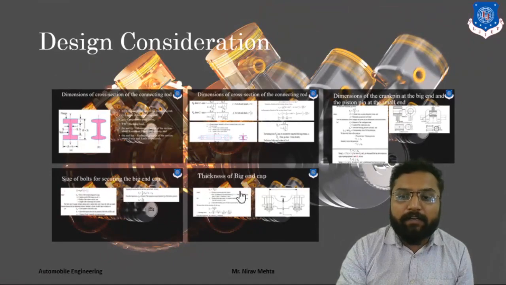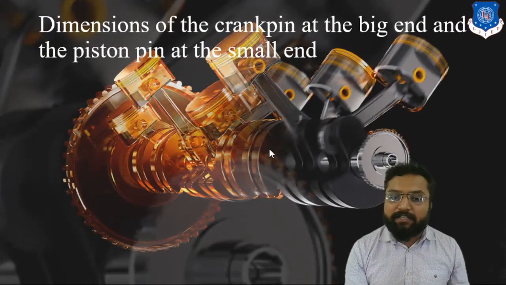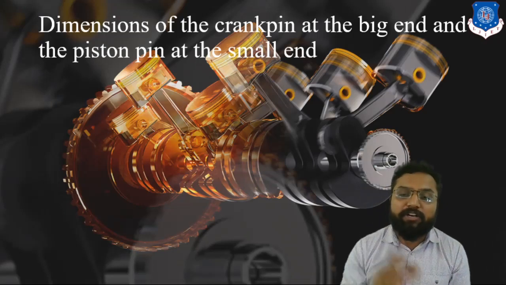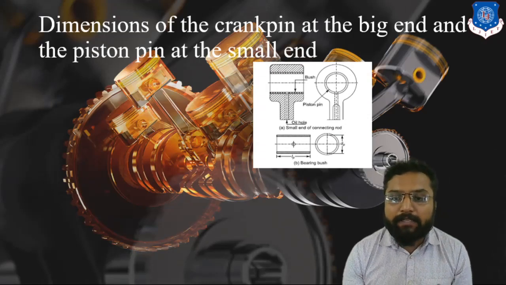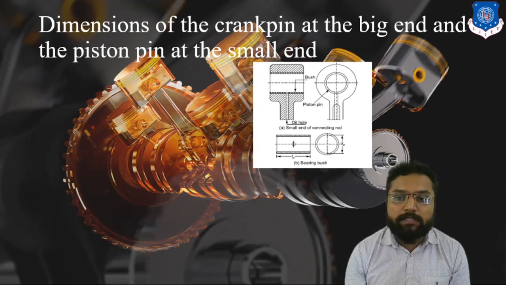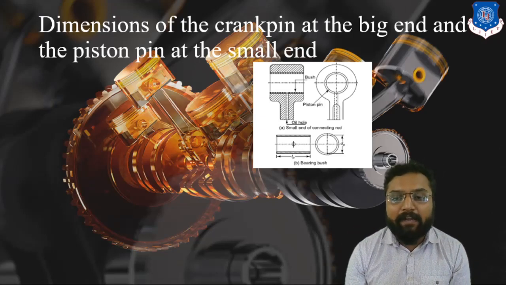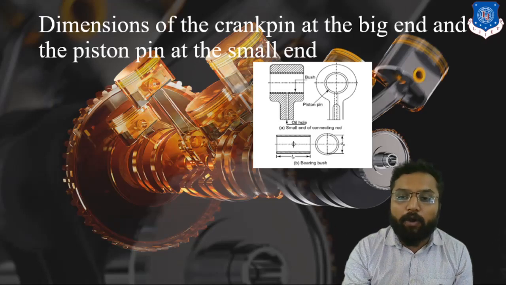After that, we are going to design the small end and big end. After designing the connecting rod cross section area, we are going to determine the small end and big end. What is the small end? Here I have shown you a small end. In the small end, there is a bush. The bush is provided at the connecting rod for the piston pin. So your piston pin is lying inside this small end.